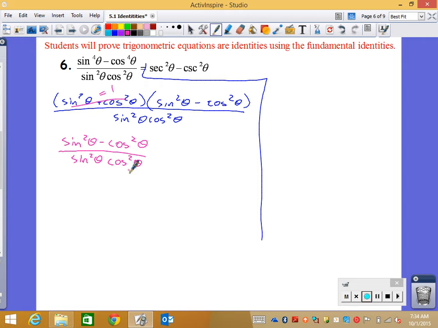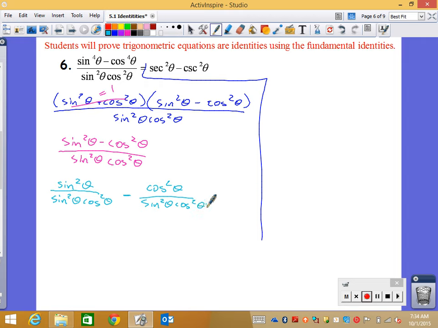But right now I have one term, so I need to break apart this fraction again. I need to take each part of the numerator and write it over the whole denominator. So I will have sine squared theta divided by sine squared theta cosine squared theta, minus cosine squared theta divided by the entire denominator, sine squared cosine squared.